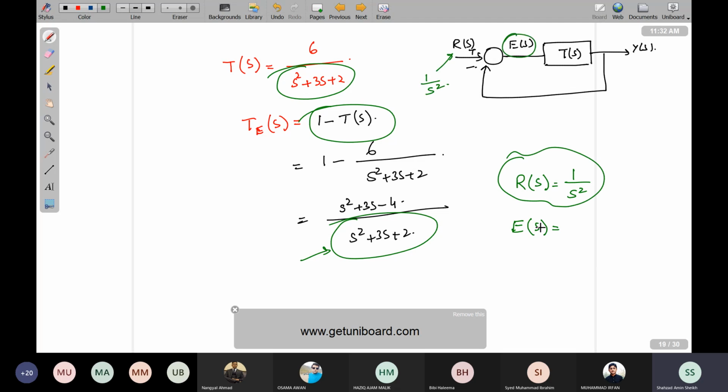EFS is nothing but TEFS, which I know now, into RFS, and that is in fact equal to s square plus 3s minus 4 divided by s square plus 3s plus 2, and RFS की वजह से 1 over s square ये आपके पास आ गया.